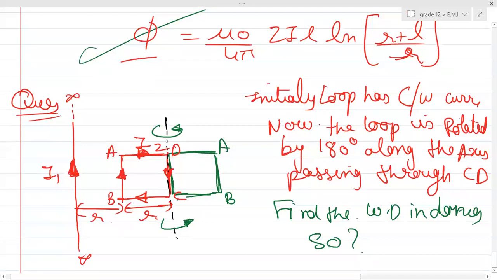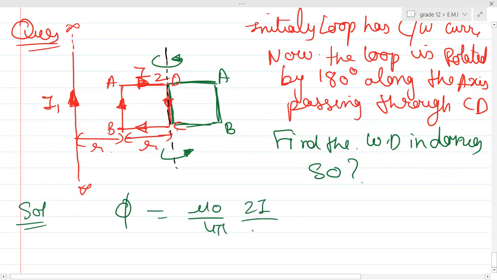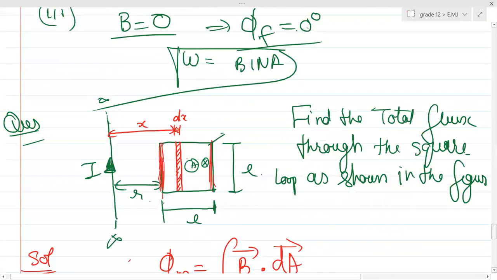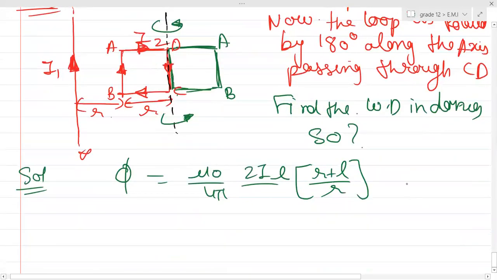So how to do this question? See, the previous question we did, we can just use the result of that. For example, we just calculated the flux. The flux which we calculated was mu naught by 4 pi into twice of I into L, and it was ln of R plus L upon R. We know this result, right?